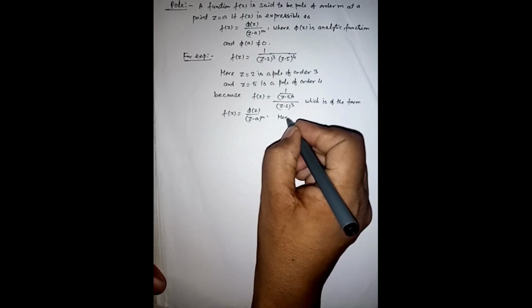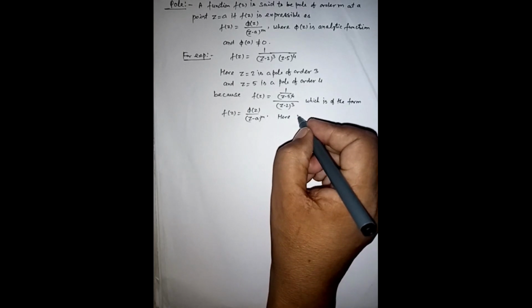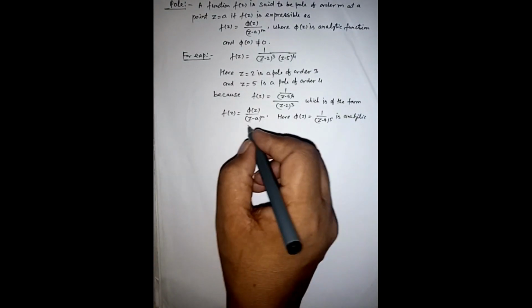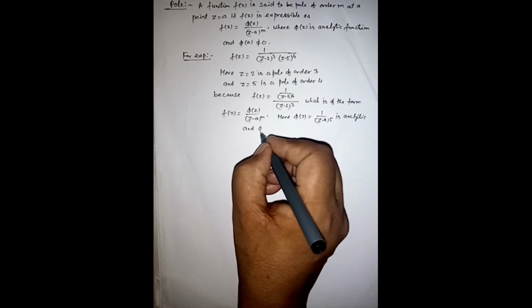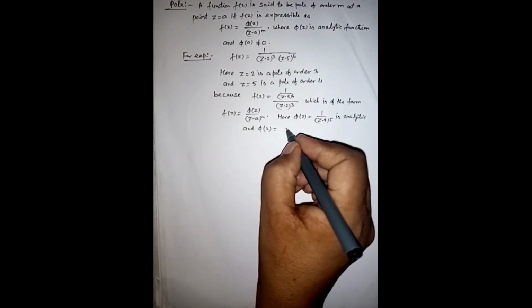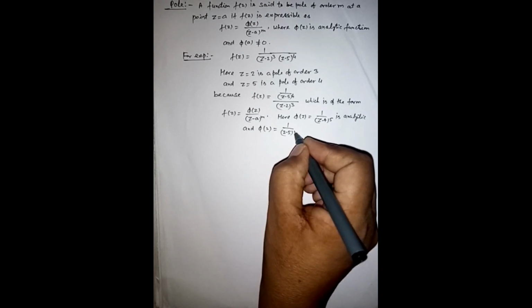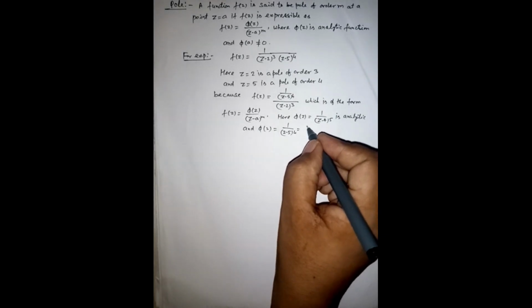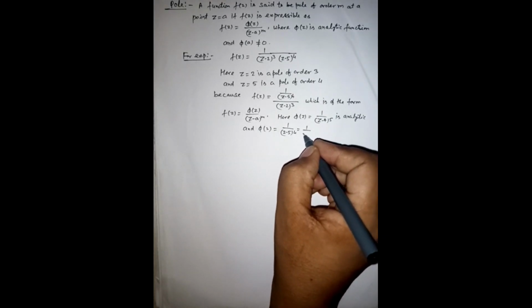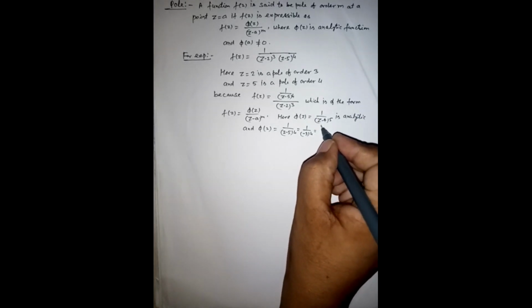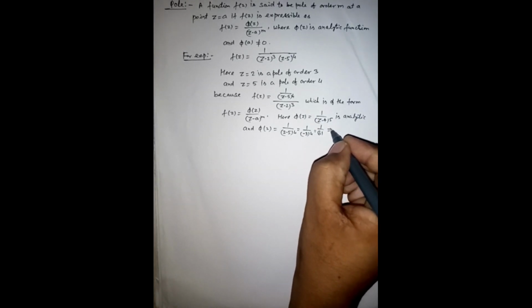Here phi(z) equal to 1 upon (z minus 5) power 4 is analytic, and phi of a, that is phi of 2, is equal to 1 upon (2 minus 5) power 4, this is 1 upon (minus 3) power 4, equal to 1 upon 81, which is not equal to 0.